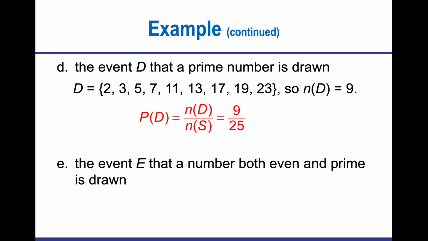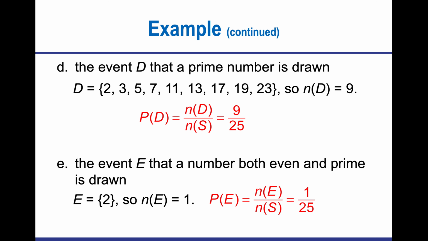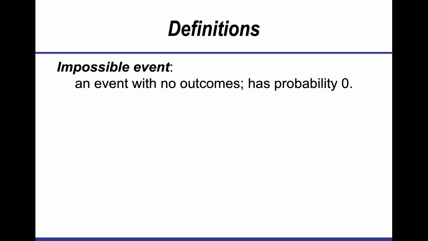If I want to look at the probability that an event E is both even and prime, I'm going to look at it and say, well, the only number in that list above that's even and prime is 2. So I have a set element of 1 over 25, and that's my probability.